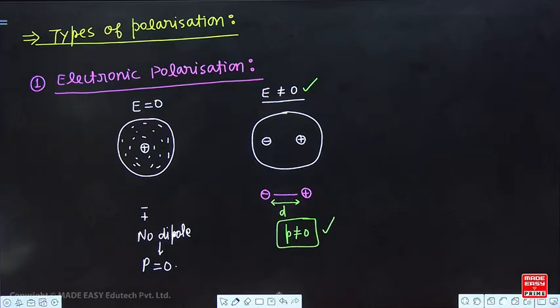It results from the displacement of the center of electron cloud to the nucleus of an atom by an electric field.